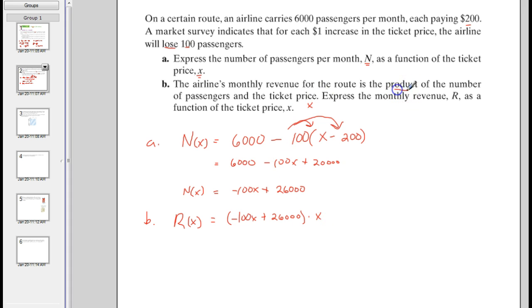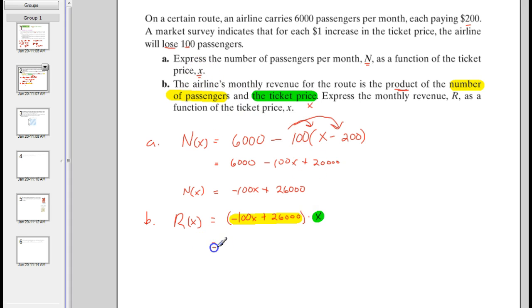Okay, that's what it says right here, the product of the number of passengers. I've highlighted number of passengers in yellow. This is the number of passengers from the last problem, times the ticket price. There's the ticket price. Remember that was what X represented.